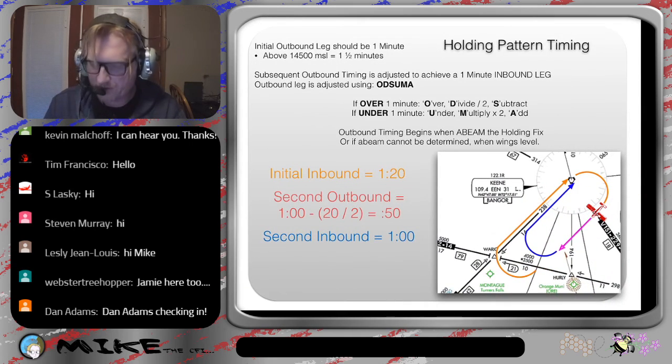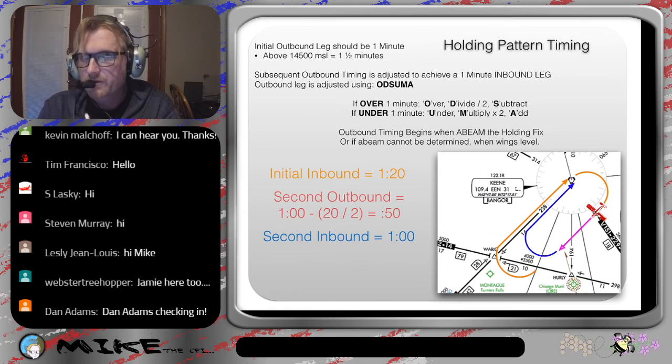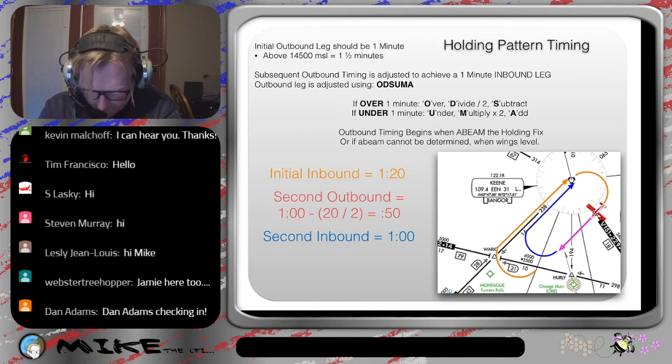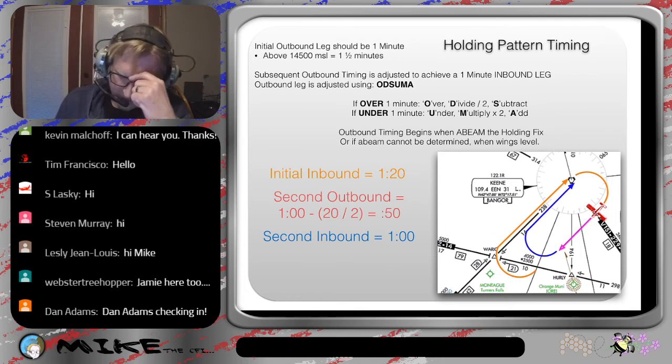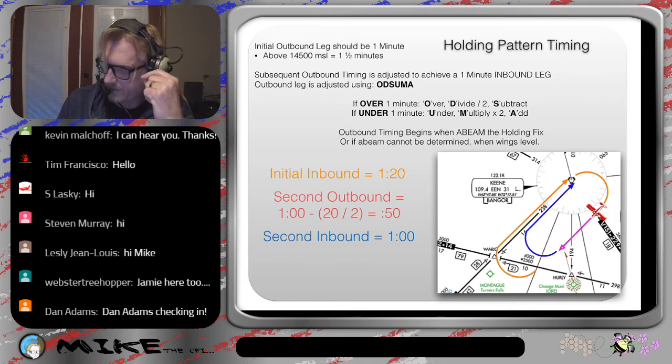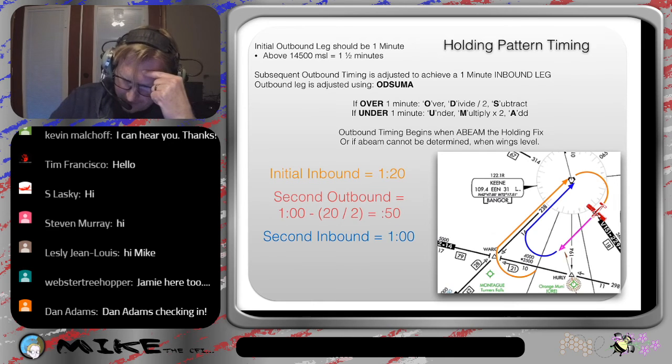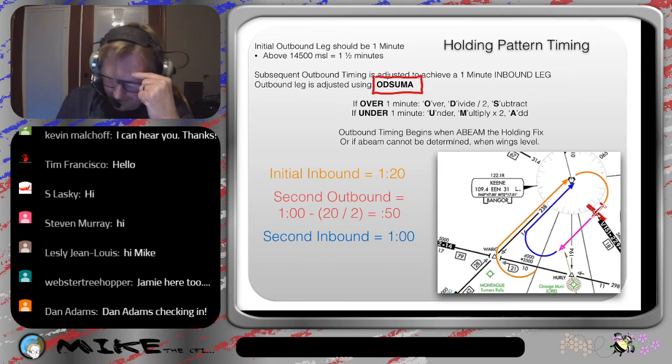Other stuff that we have to do within a holding pattern, if we're just doing a standard hold where we have to achieve a 1 minute inbound leg, is account for wind drift while we're in that holding pattern. We have a little acronym that we use to help remember what those calculations need to look like.